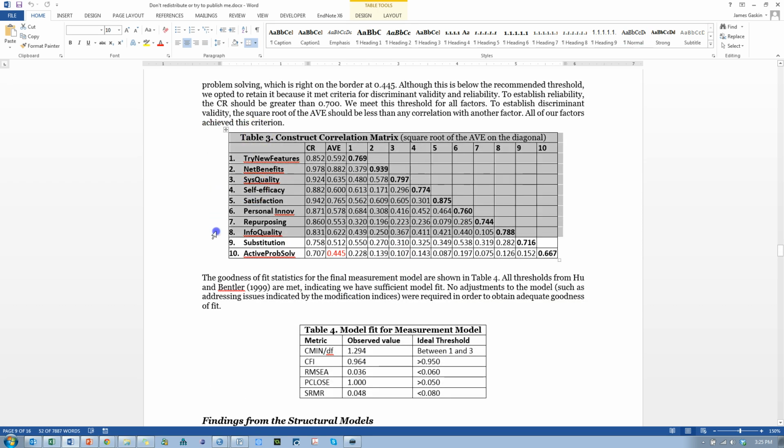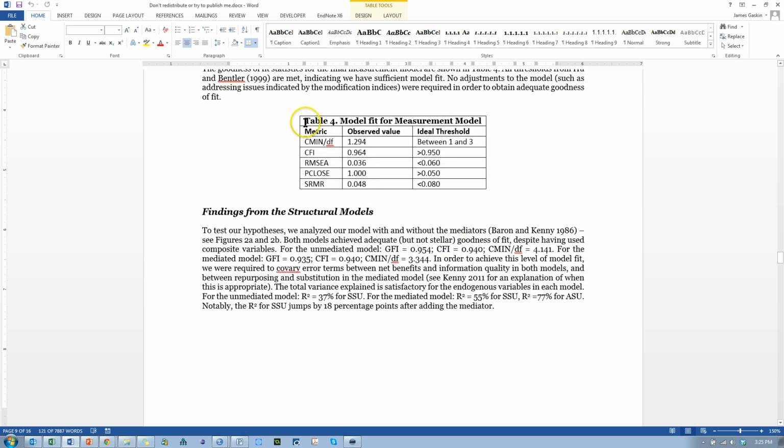You need a construct correlation matrix, always, where you have the correlations between the constructs. And I have a tool that makes this for you with the square root of the AVE on the diagonal, which we'll talk about tomorrow. You need model fit, always, and you do that for both your measurement model and your structural model.